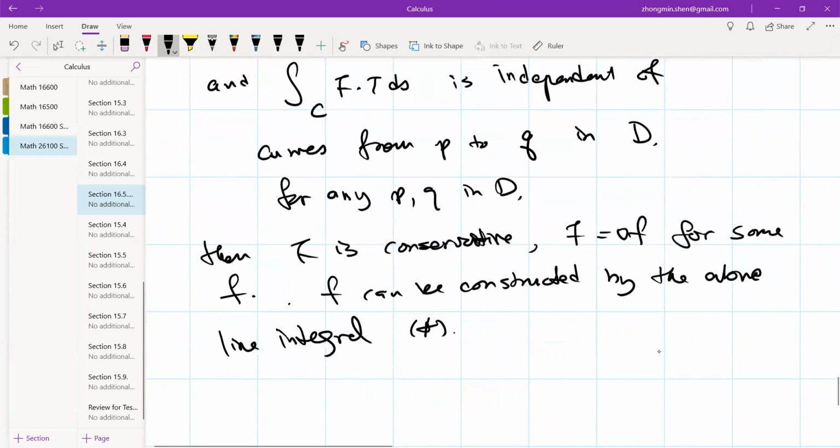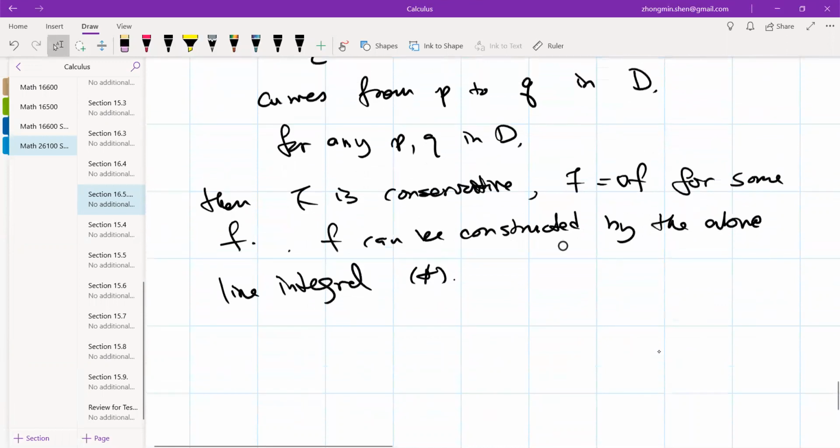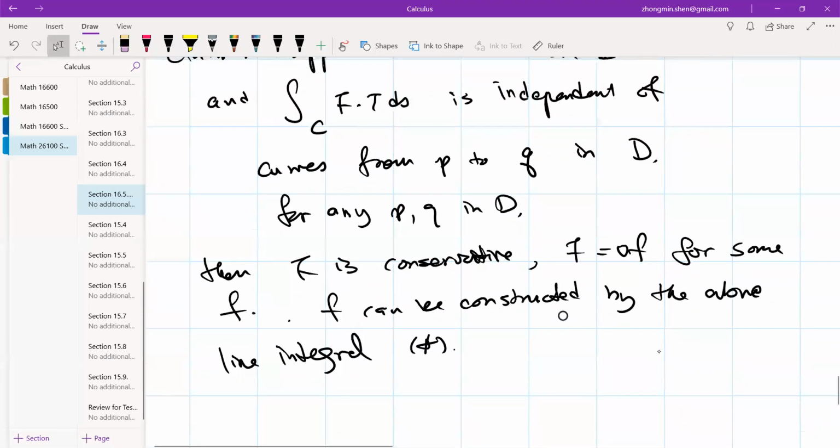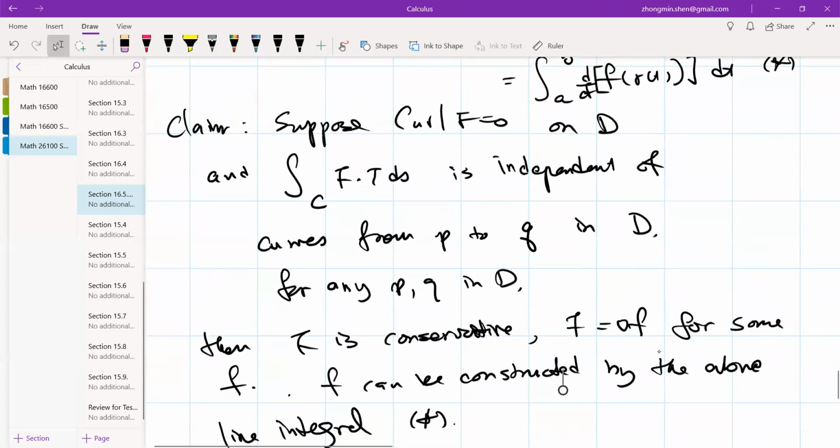Anyway, the question now is, what kind of condition on the domain D guarantees this part is correct? We wish there were only one condition, that the curl of F is 0.